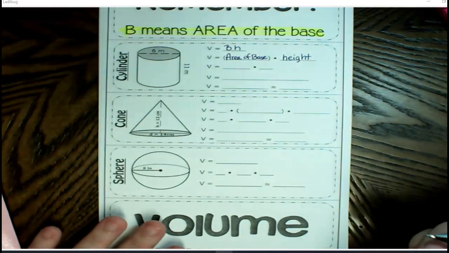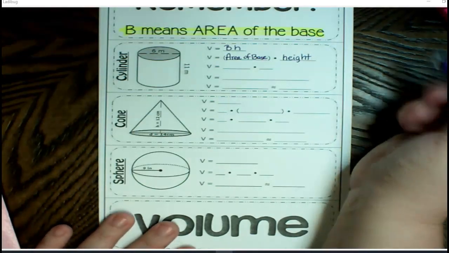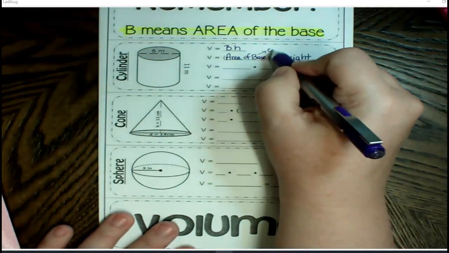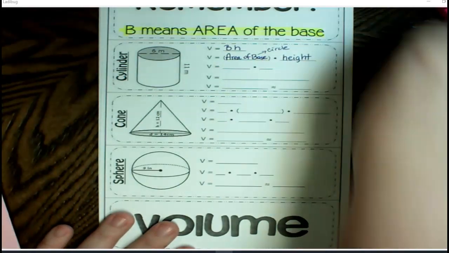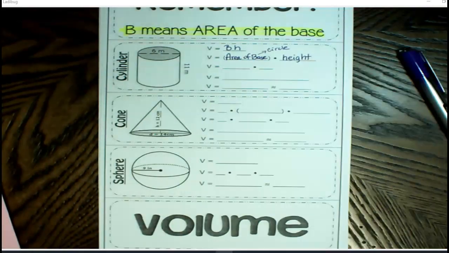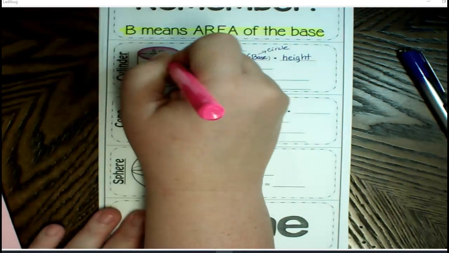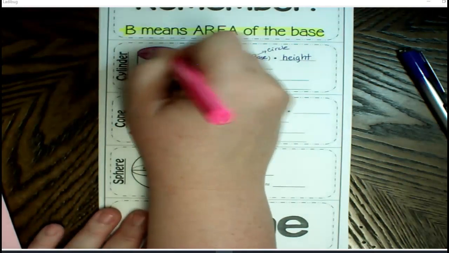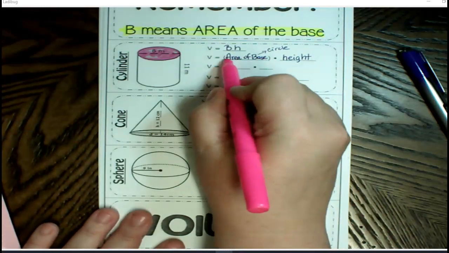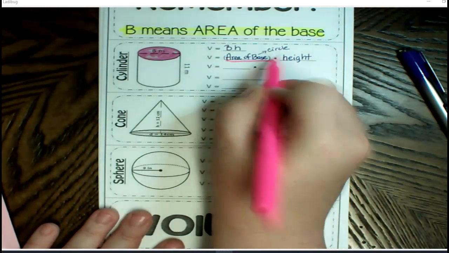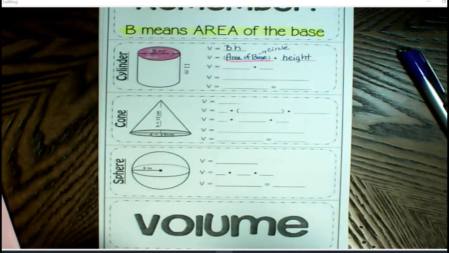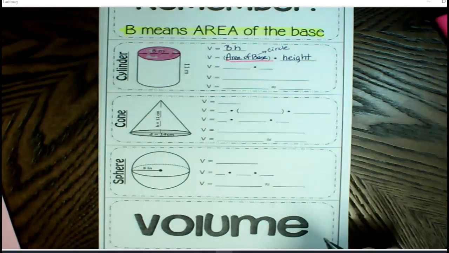Well, what shape is this base? The base is a circle. I'll even use my highlighter to highlight it for you guys. That base is a circle. So I need to calculate the area of a circle. Well, lucky for you guys, that's on the formula chart too.